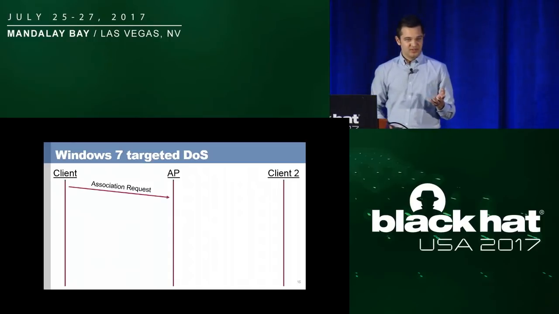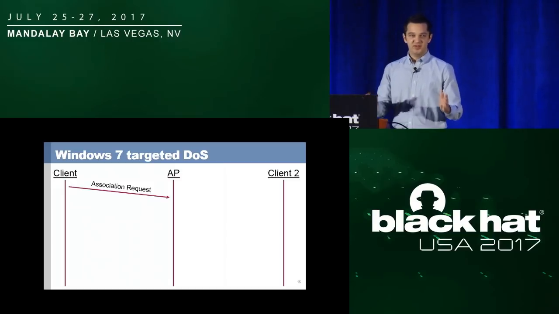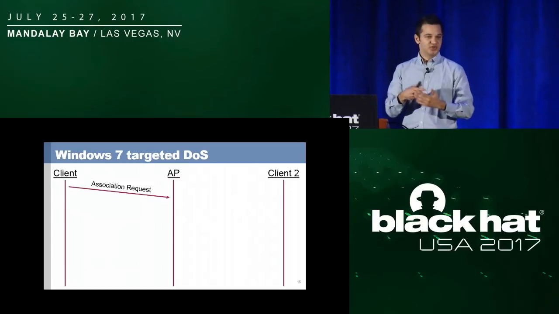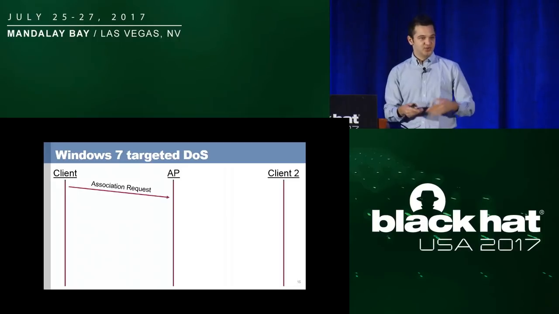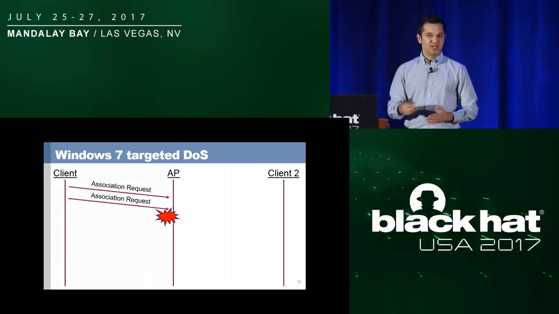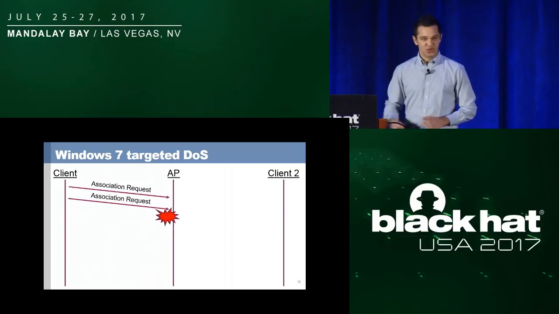The way this vulnerability works is if the client sends an association request to the access point, then everything is fine. Because sending one association request is normal, it is used to inform the access point, hey, I want to connect. But if you then send two rapidly after one another, something goes wrong on the access point.